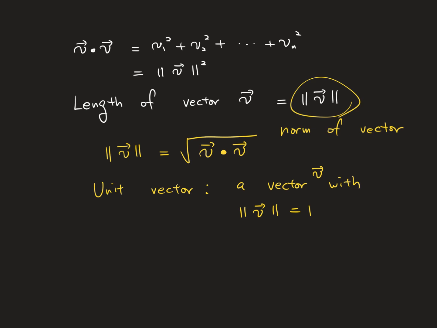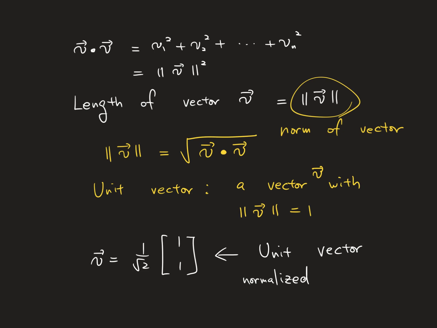Okay, so if v vector is 1 over square root 2 times (1, 1), you can verify that this vector is a unit vector. Okay, this is called a unit vector. Sometimes we say it's a normalized vector, because normalized means that the length of the vector is now 1.